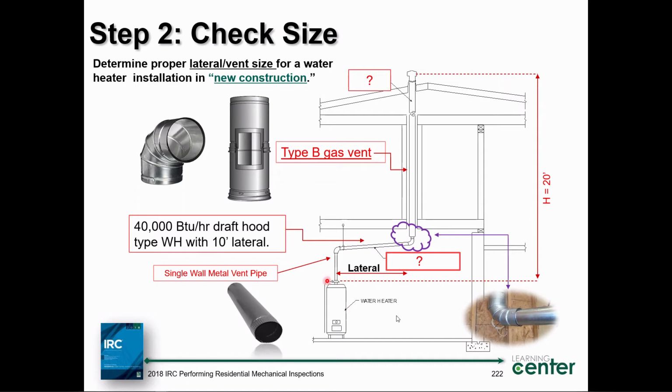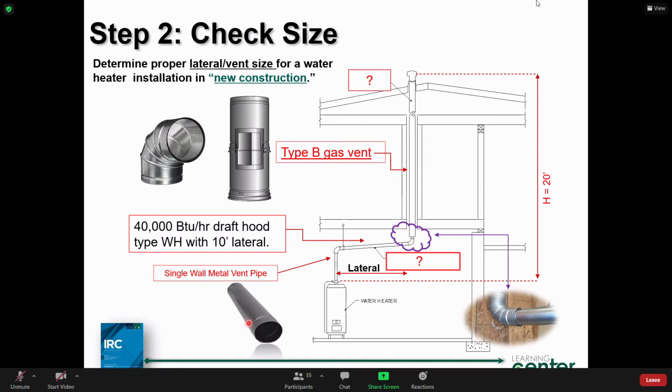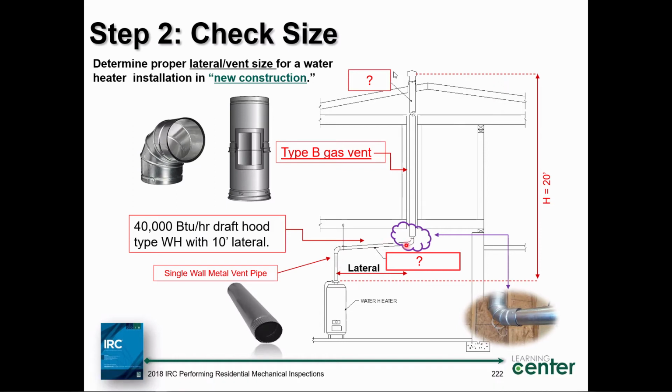Basically, I want to use a single wall metal pipe that I can buy from the Home Depot or Lowe's or Menards or whatever you got. And I want to run that single wall metal pipe into a B vent. You see this connection here? I'm running single wall into type B vent pipe. From this point, I'm going to go vertical with my B vent all the way up through the roof and put a termination cap on, right?